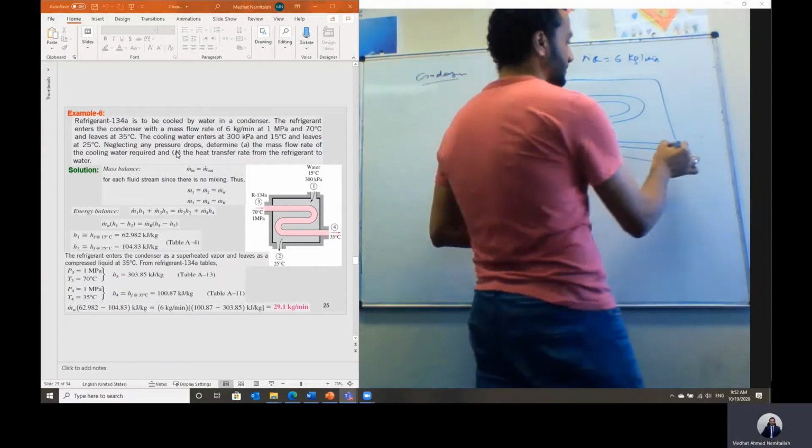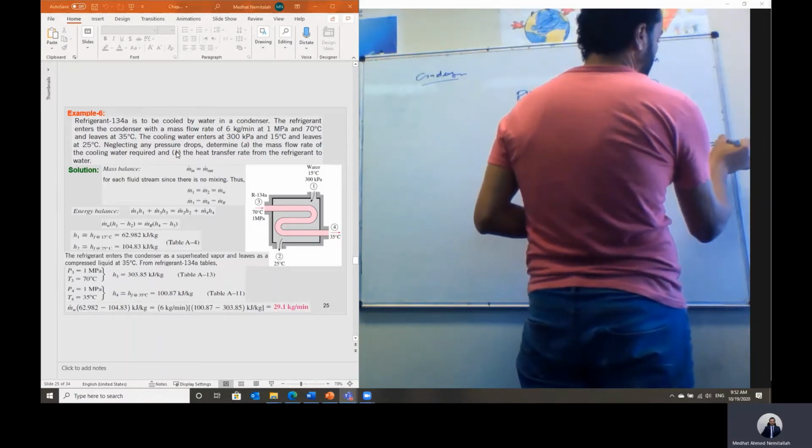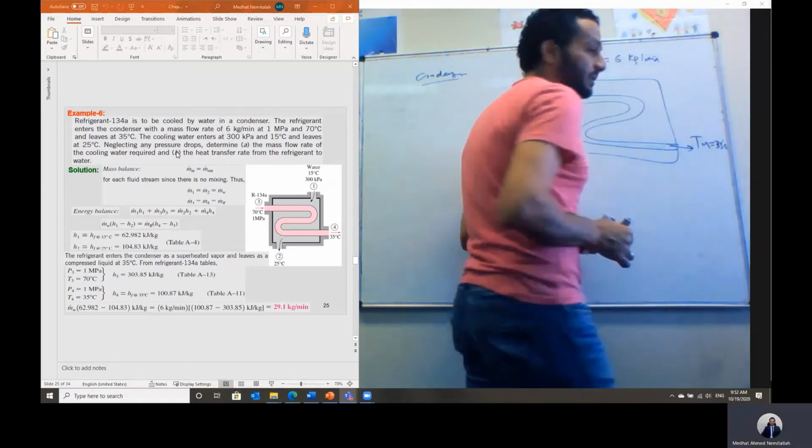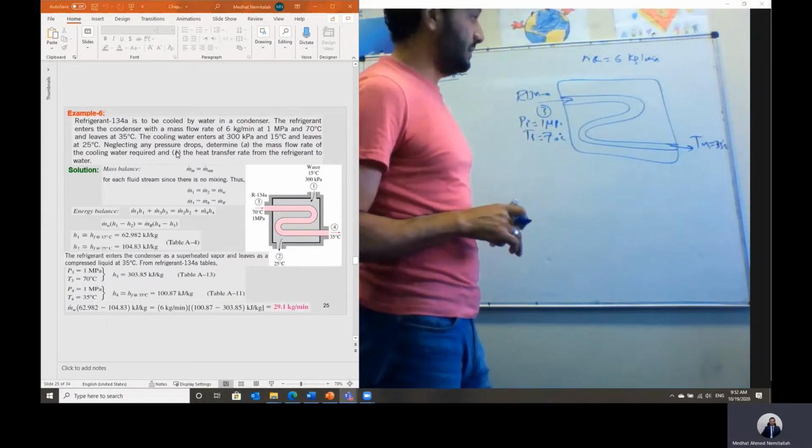This refrigerant is leaving at a cold temperature at cross section 4, T4 is 35 degrees C. And they said this refrigerant is being cooled down using cold water.